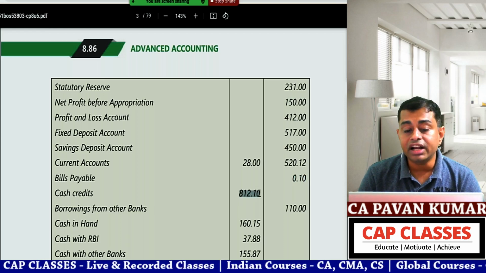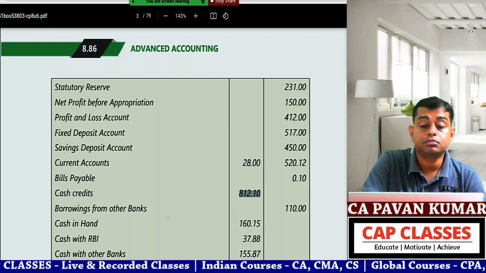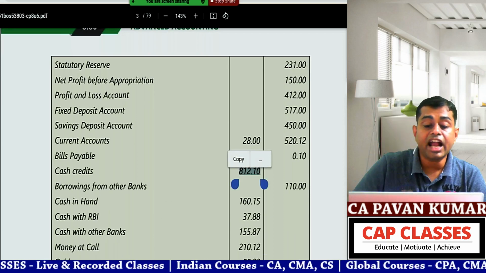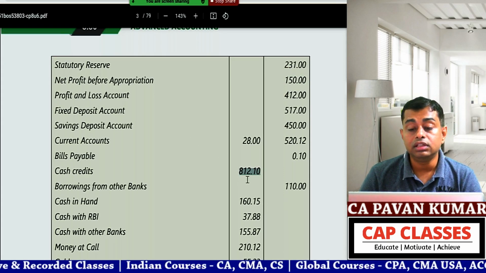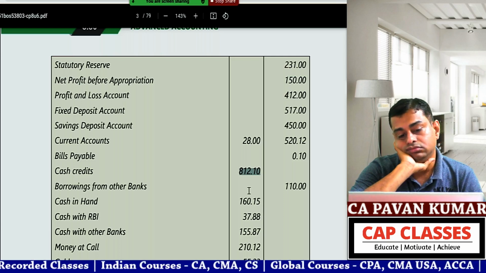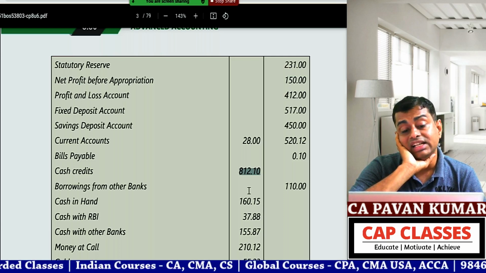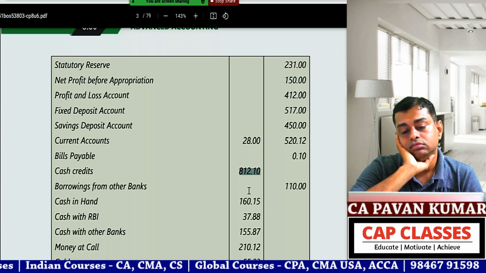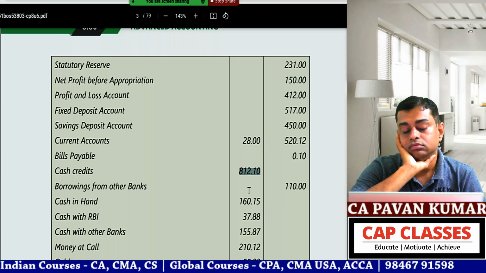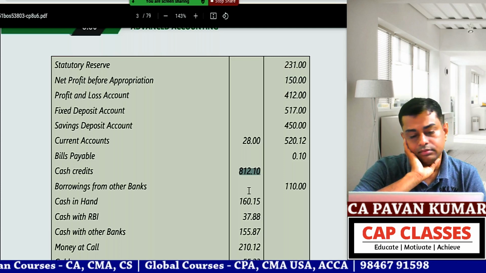Next, cash credit 812. So, other assets we have to show, sir, because it is debit. So in the assets we have to show. Yes, sir. Debit they have given. Correct. Assets, sir. Correct.